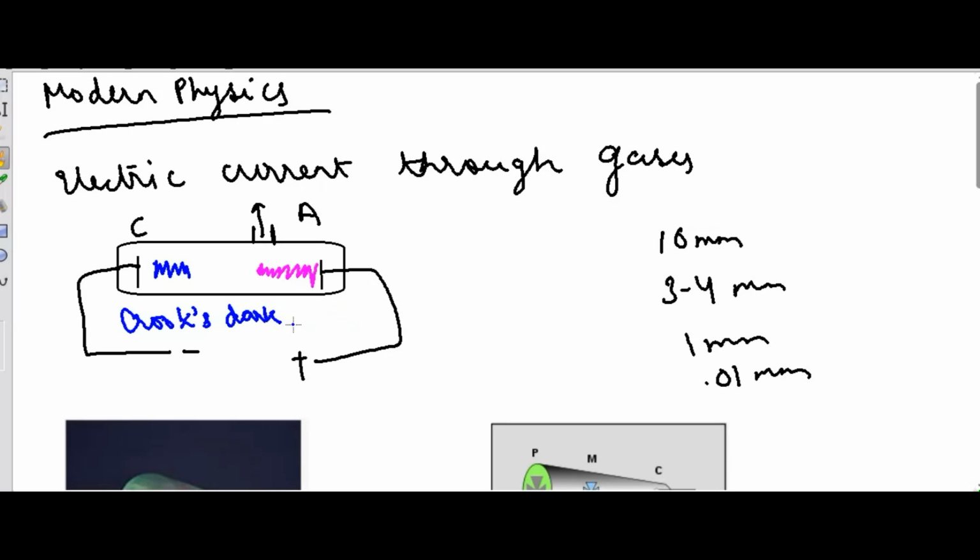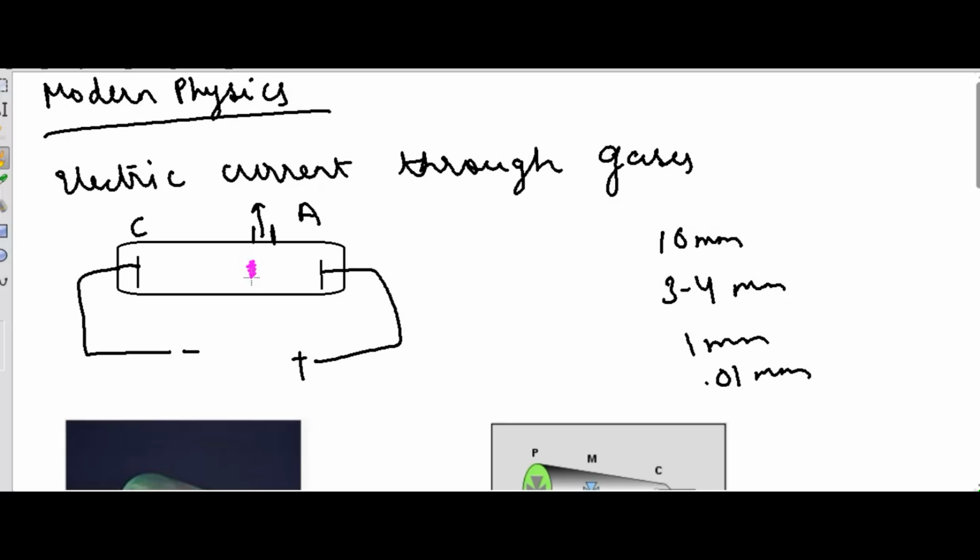Finally, when we further decrease the pressure from 1 mm to 0.01 mm, the reddish glow is separated into small bands.